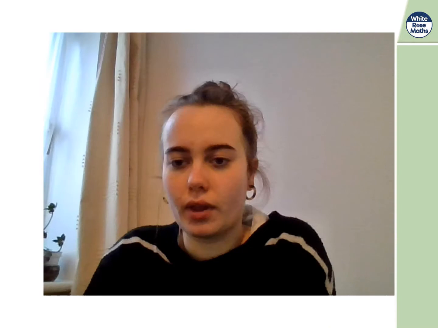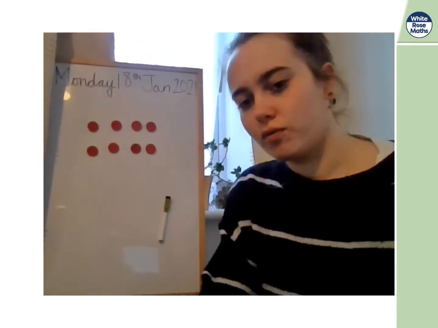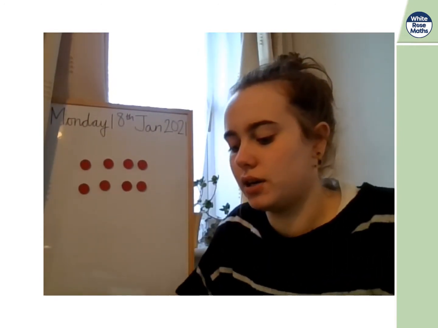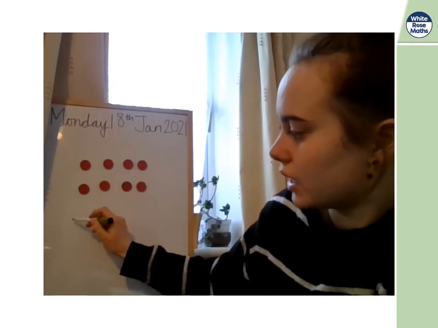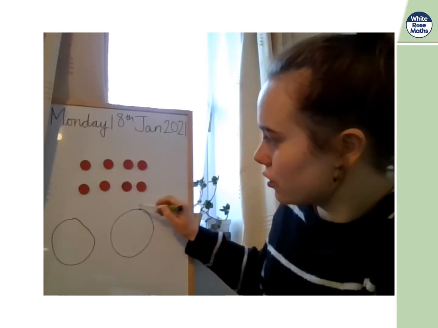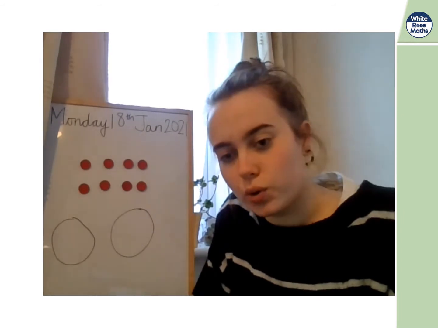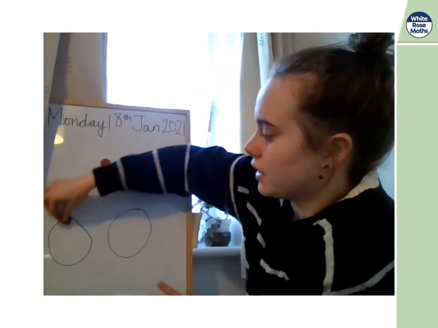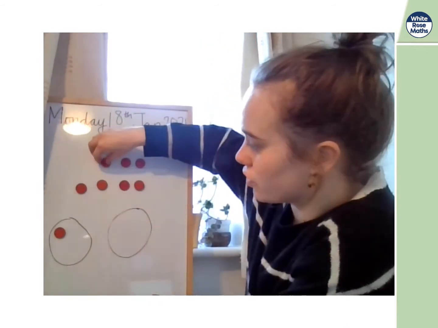So that is the same as when we have our real life counters. We can share these. So this time I'd like us to share 8 counters into 2 groups. So to make sure that I do that equally, I need to do one at a time, and I need to switch which group I put them in.